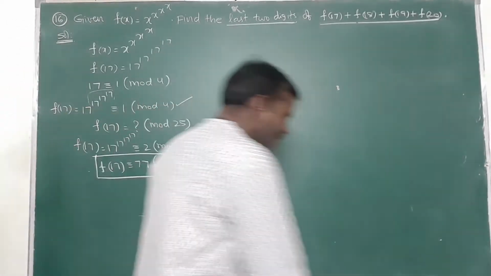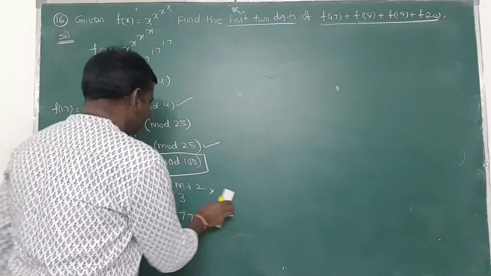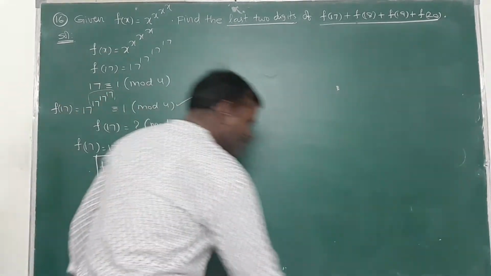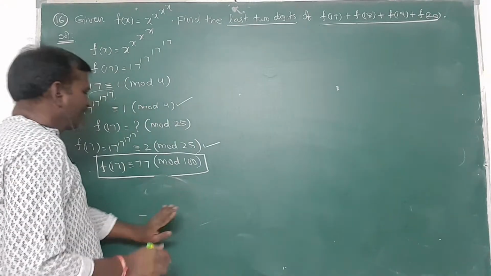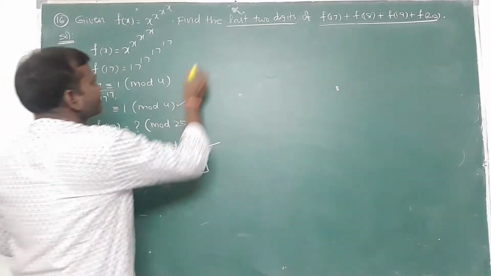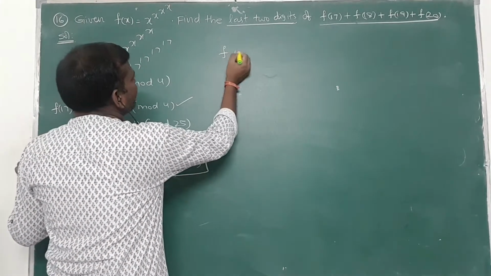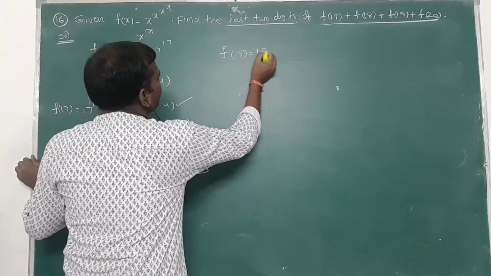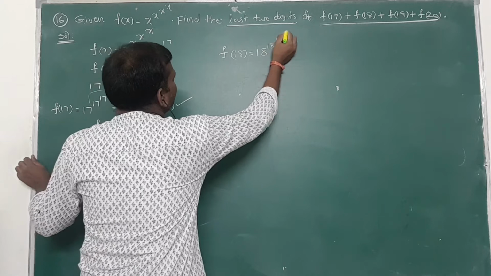Then f of 18. F of 18, find. F of 18 value is 18 power 18 power 18 power 18.